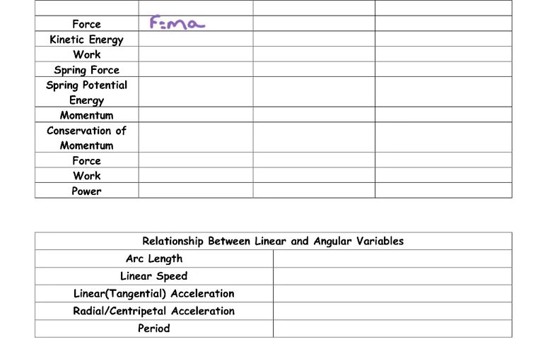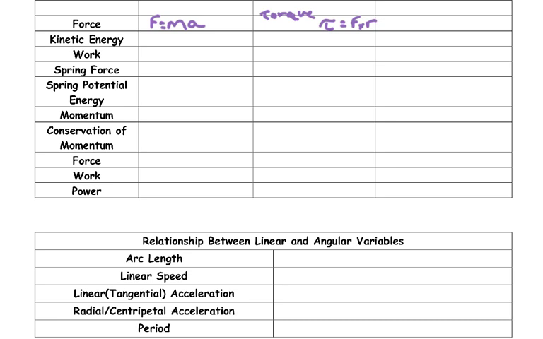When we are talking about angular motion, we're talking about torque. Tau is the Greek letter that we use for torque. And torque can be found by taking the cross product of the force acting on the object and the radius, or the distance that force is from the pivot.